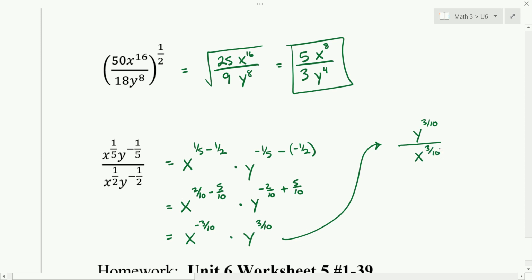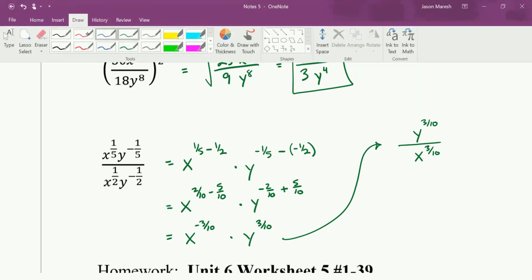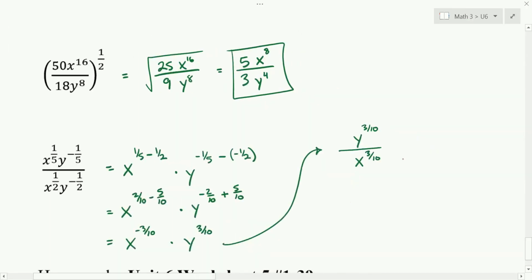We can't stop there because when you have a fractional exponent, that denominator represents a radical. We can't have radicals in the denominator of a fraction. And so what would we like to multiply by? X to the what power? 7 over 10. Good.